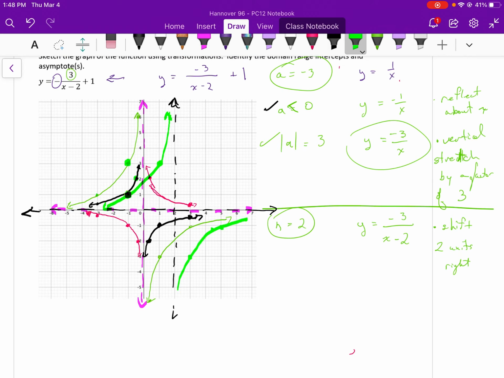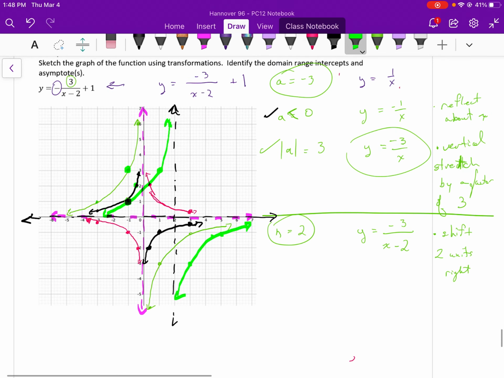But what I'm able to see is that my graphs stretch, they reflect, and they move left and right. I'm just going to write here that k is equal to 1. So now what do I have to do?